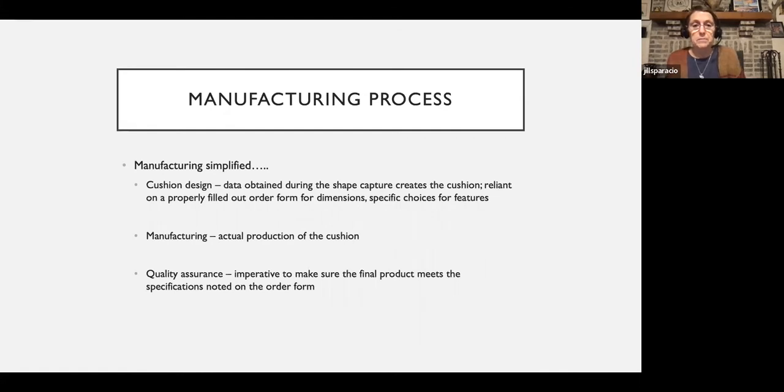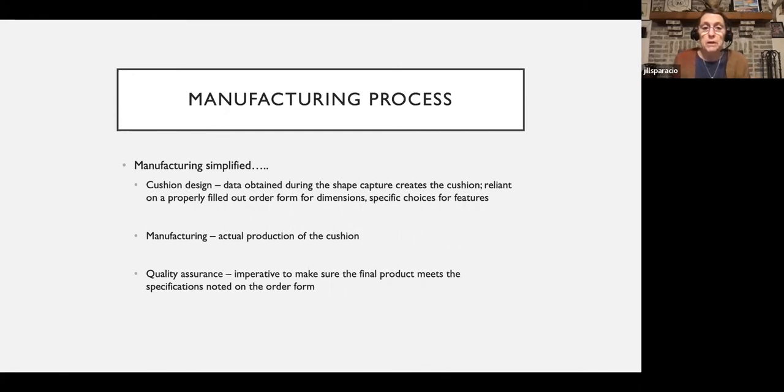In the manufacturing process, I've simplified it because it is incredibly complex. Once the manufacturer receives the data that you provide, the cushion is designed. So that's a person, a computer system that is taking that data and creating the overall shape and contour of the cushion. It's reliant on a properly filled out order form for dimensions and specific features and options.